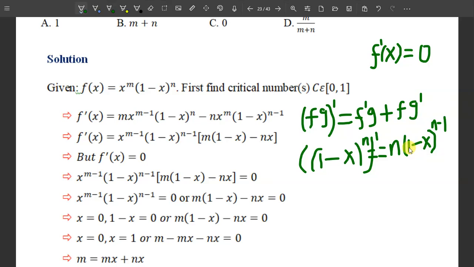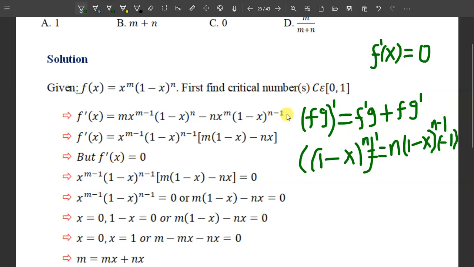The derivative of 1 is 0, the derivative of minus x is minus 1. Then multiply minus 1 and n. It becomes minus n times this expression. Therefore, here minus n x to the power of m, 1 minus x to the power of n minus 1.